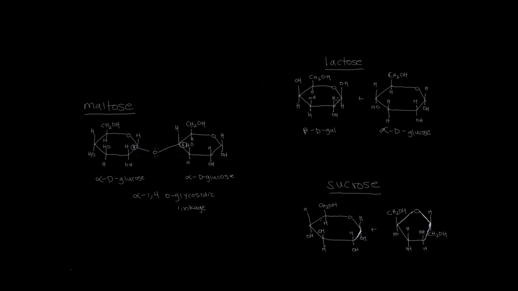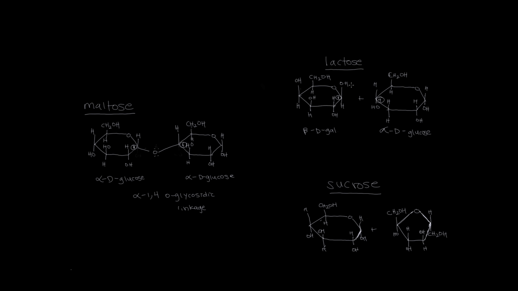And similarly, this linkage that takes place is between the first carbon of the left molecule and the fourth carbon on the right. However, notice that this hydroxyl group on the beta D-galactose is above this first carbon, unlike how the hydroxyl group was below.